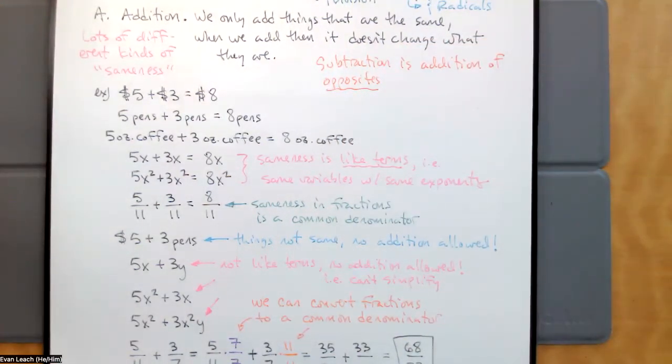Subtraction is just addition of opposites. Opposites are additive inverses. Inverses under the operation of addition.